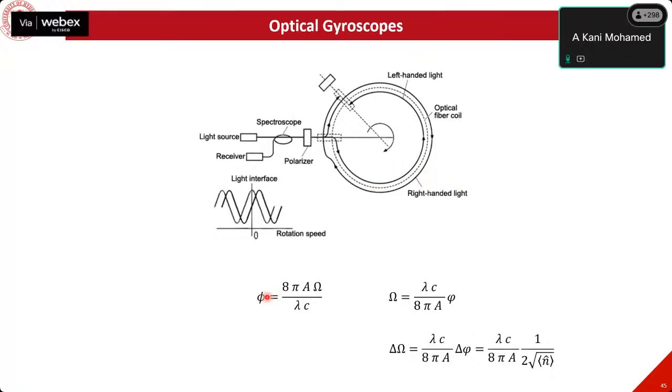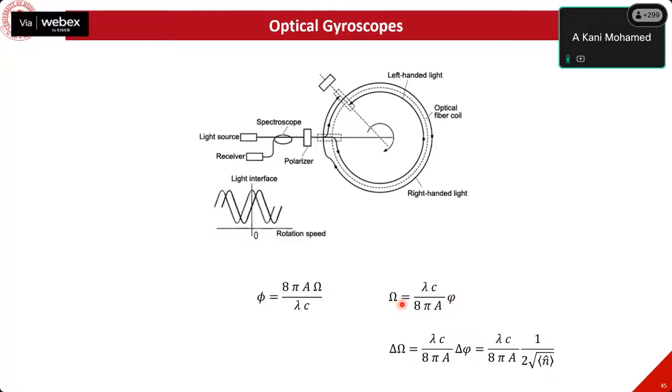So just by measuring the phase difference, or the intensity of the interference, we can estimate the rotational speed, which is nothing but lambda c divided by 8 pi A times phi.